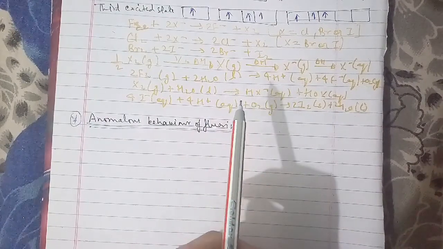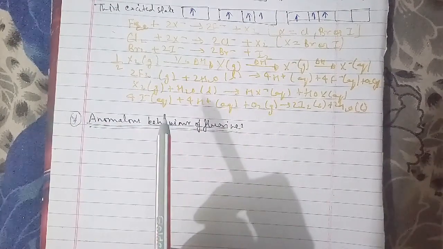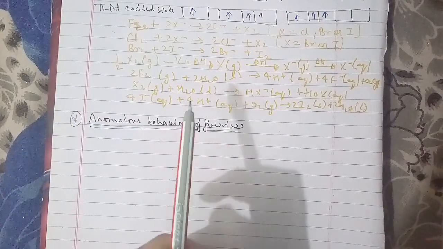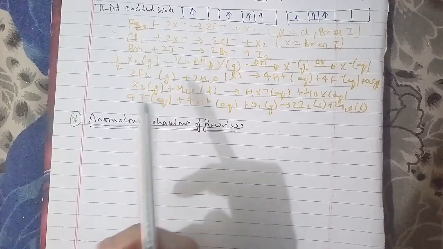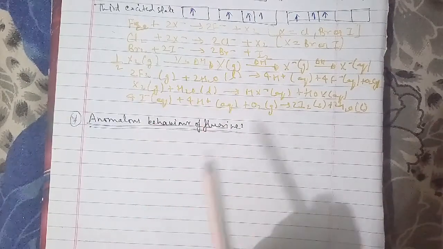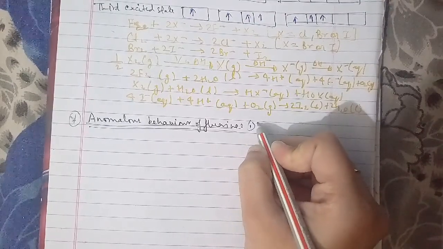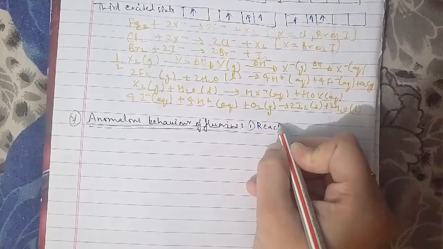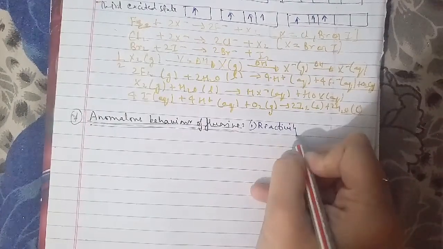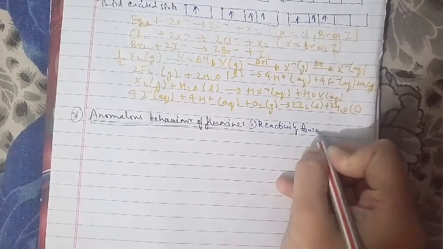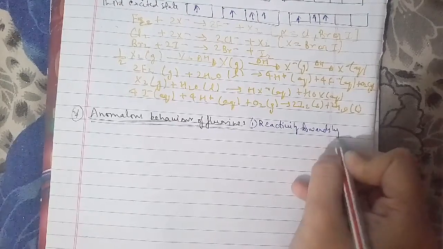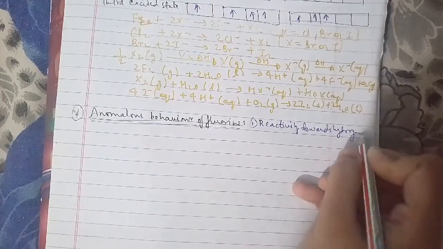The acidic strength of these acids varies in the order HF less than HCl, less than HBr, less than HI. So HI is the most acidic.